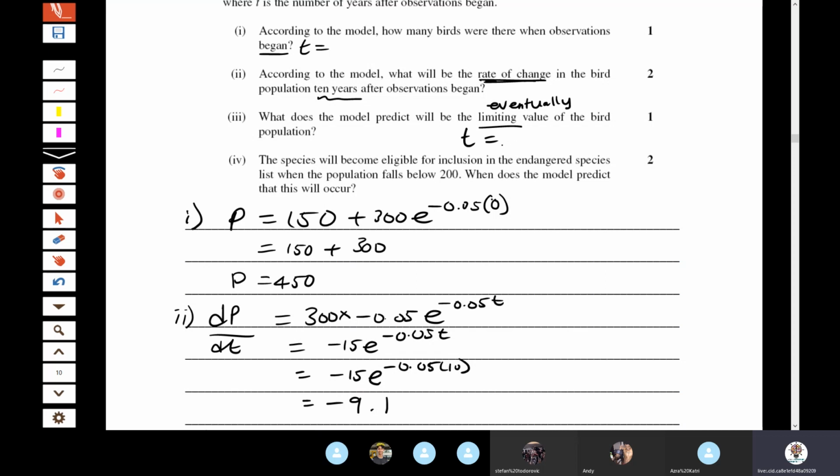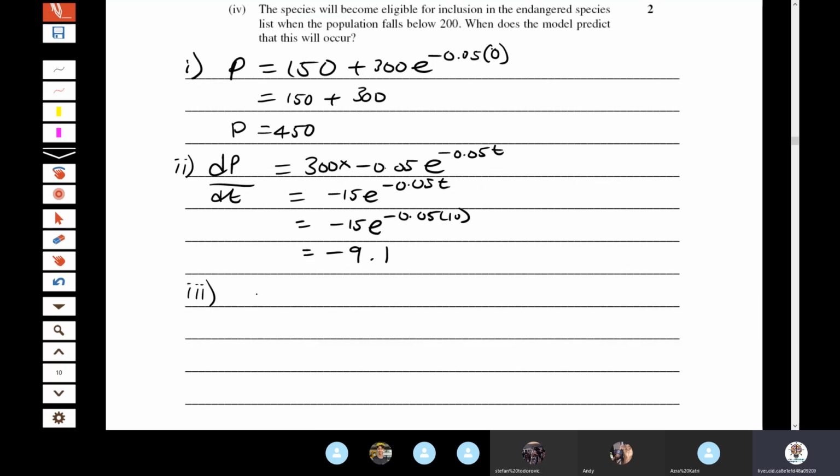Infinity. Yep. So eventually, it means time goes to infinity, which is P equals 150 plus 300 e to the negative 0.05 times infinity. All right, what's a negative number times infinity?